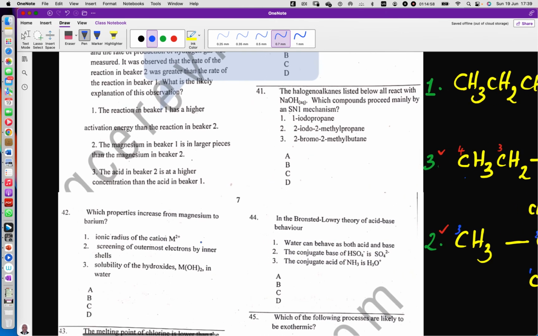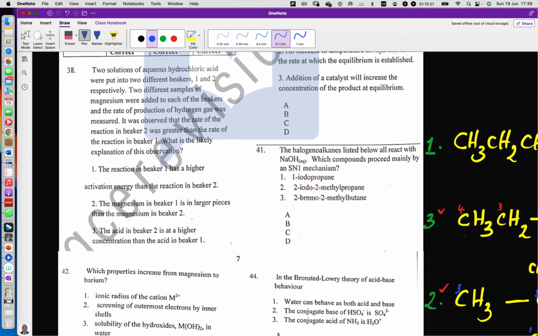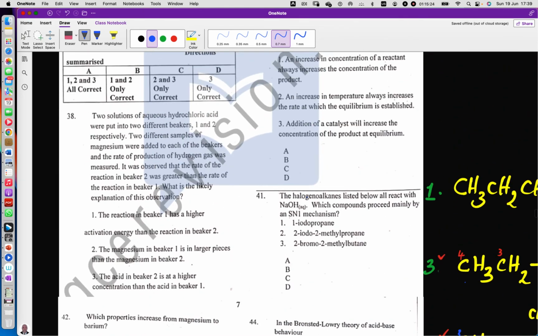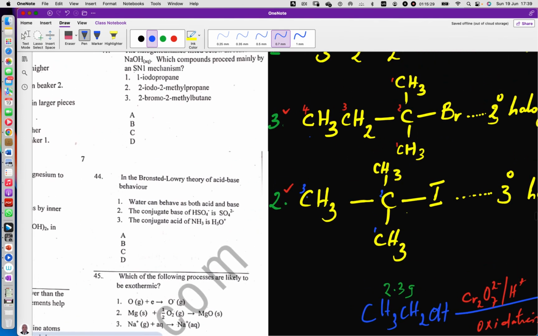So now we will have question C, whether we undergo 2-bromo-2-methylbutane, which is 3. A, B, C, D. So what is the answer column? We have 2 and 3. 2 and 3 are all tertiary halogenalkanes.